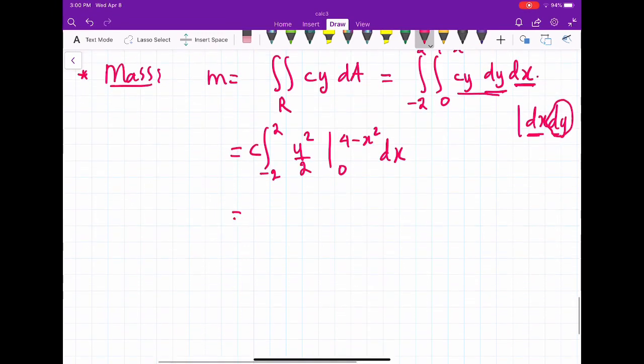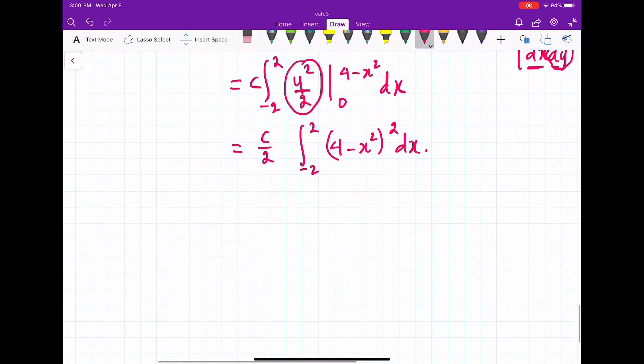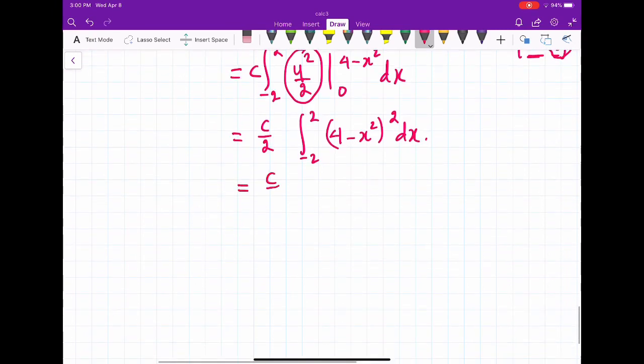And then we have c over 2, -2 to 2, at 0 the function is 0, so I just have 4 minus x squared squared dx, right? And I have to open this. I have c over 2 and then -2 to 2, 16 minus 8x squared plus x to the 4th, and then dx.